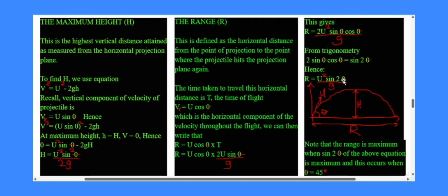If I put theta to be 45 degrees in this equation, that will give me 2 times 45, which is 90, and sine 90 is 1. At that point I will be left with u squared divided by g, and that's when I will have my maximum range.